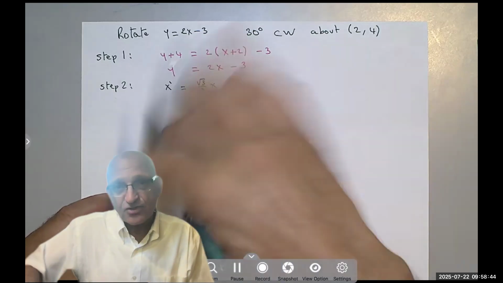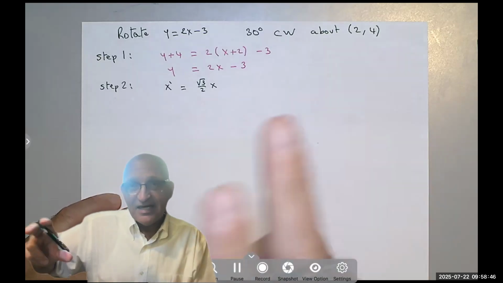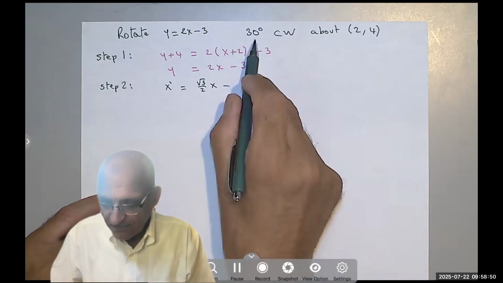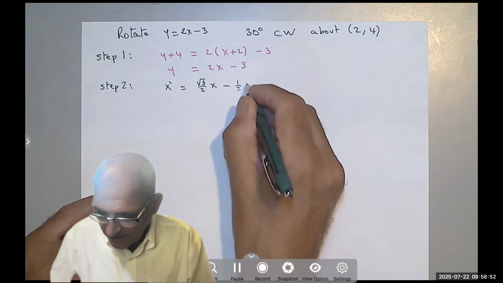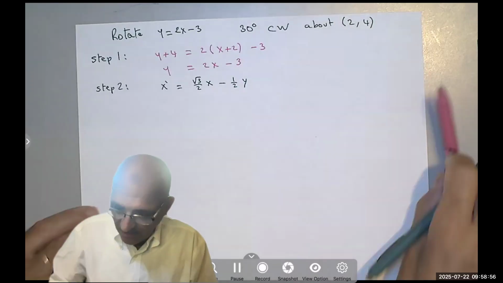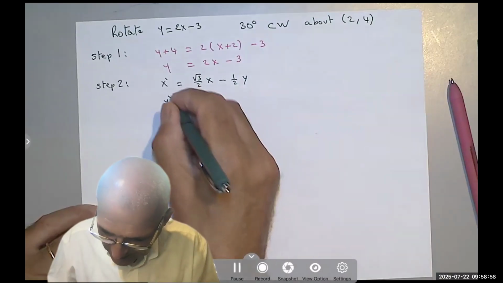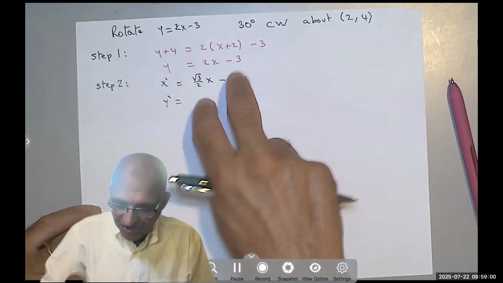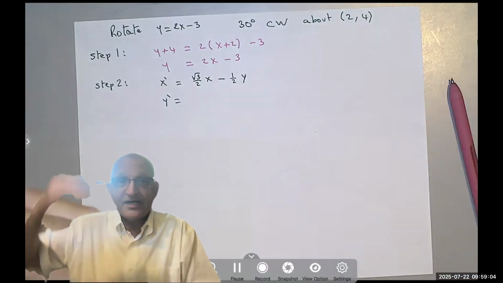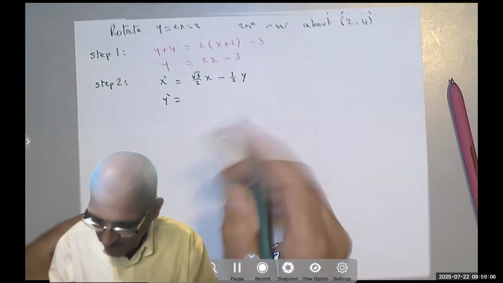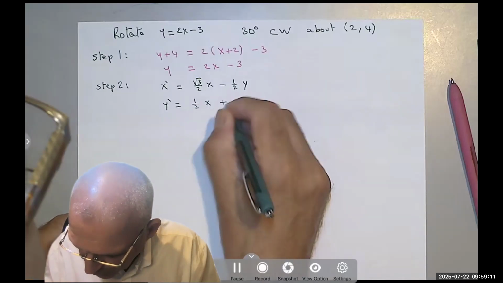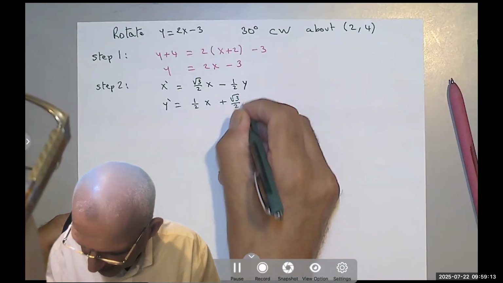And if it's counterclockwise, remember, the x decreases, so minus sine 30, which is 1/2 y. And how about the y prime? I switch the coefficients and I make them both positive because now the y increases, gets longer. So I'm going to say 1/2 x plus root 3 over 2 y.